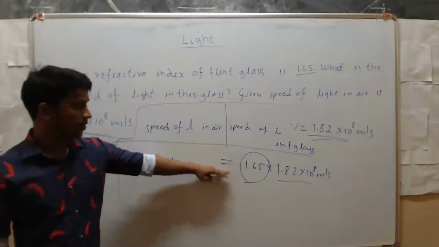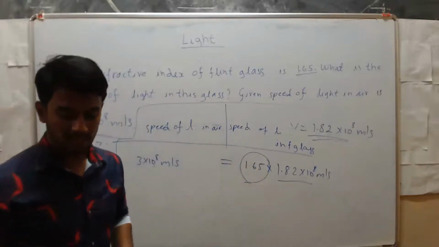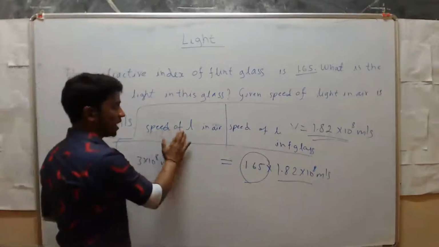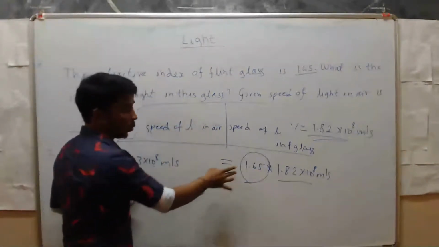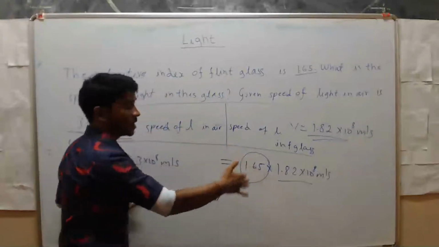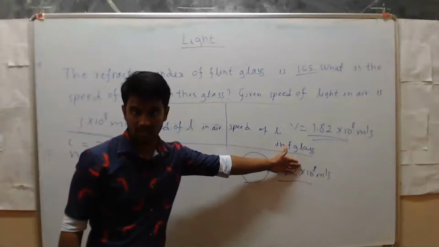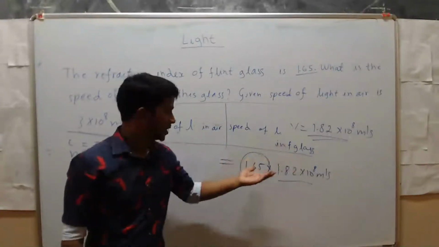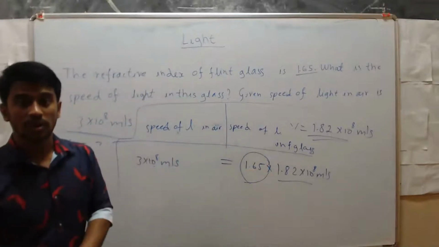So here you have to multiply this 1.65, which means the speed of light in air is 1.65 times greater than the speed of light in flint glass. The meaning of that 1.65, the refractive index of flint glass, is 1.65.